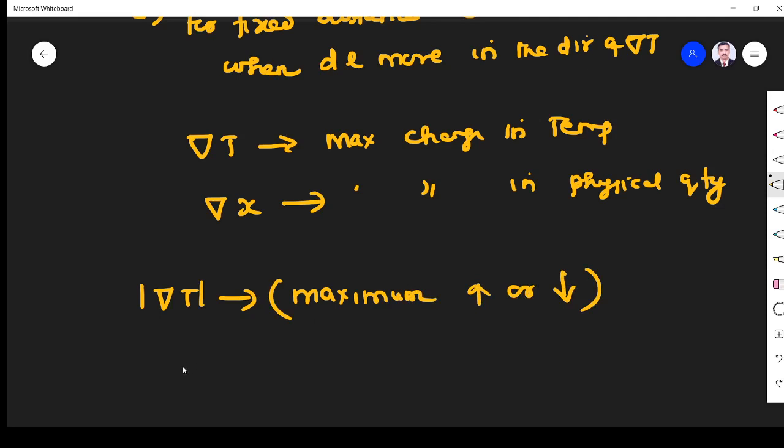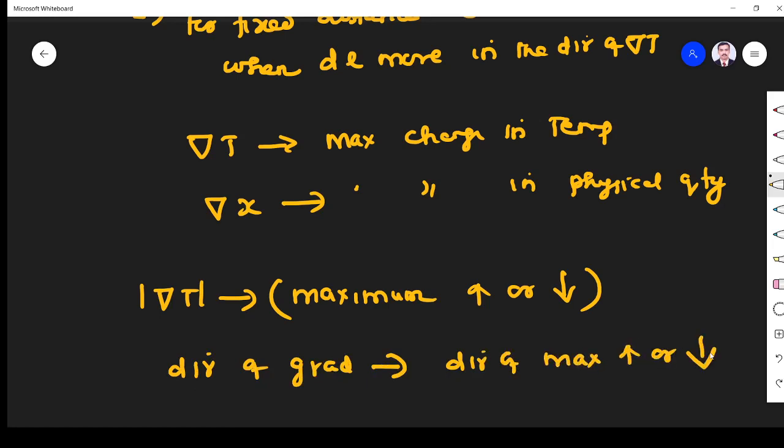And the direction of the gradient gives the direction of maximum increase or decrease. Because gradient is a vector, it has both magnitude and direction. Magnitude gives the maximum slope or maximum increase, and direction gives in which direction it is increasing or decreasing maximally.